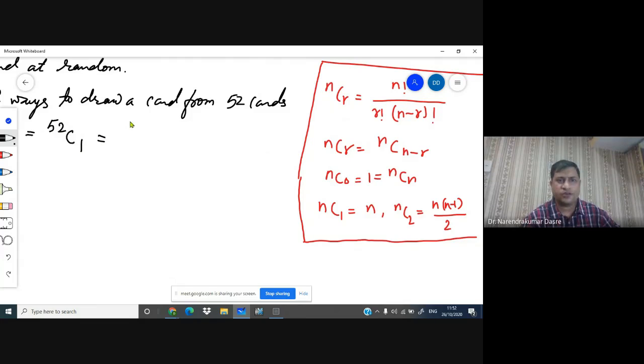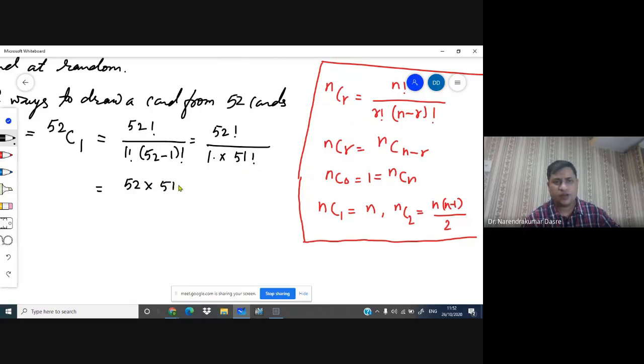Here we have 52 factorial upon 1 factorial into 52 minus 1 factorial. The 1 factorial is 1, and this will be 51 factorial. Hence we have 52 into 51 factorial divided by 51 factorial. The 51 factorial gets cancelled, and I'm left with 52, which we can say directly: nC1 is equal to n.